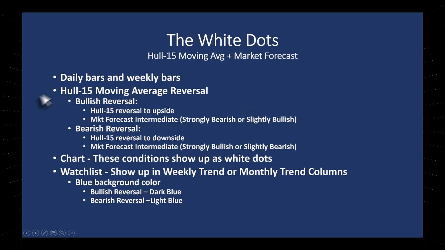And on the chart, I just put it as a white dot, and it turns out if it's a bullish reversal, it's always going to be below the 30-day simple moving average, and if it's a bearish reversal, it's going to be above the 30-day simple moving average, and it's just a white dot.